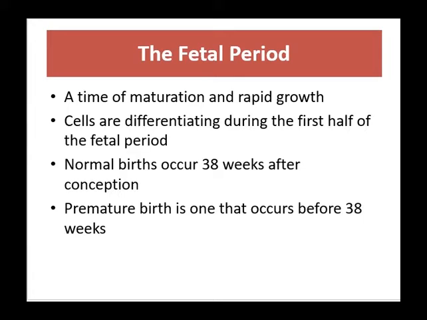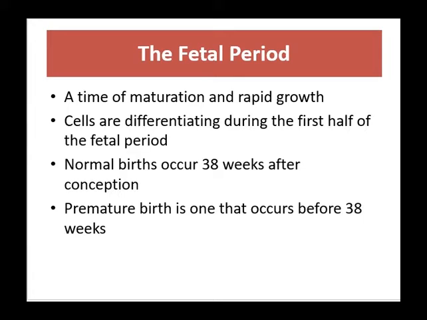And finally, the maximum length is approximately 35 to 36 centimeters, the approximate fetal age is around 37 to 40 weeks, and the approximate weight is around 3000 up to 3400 grams.